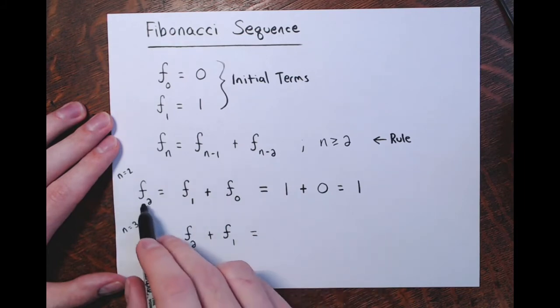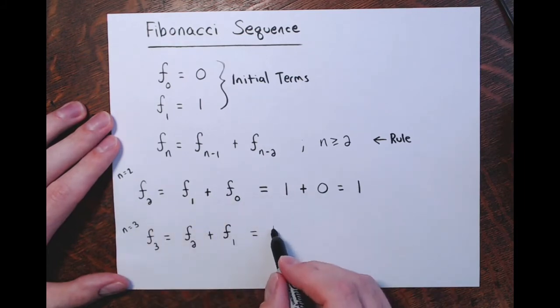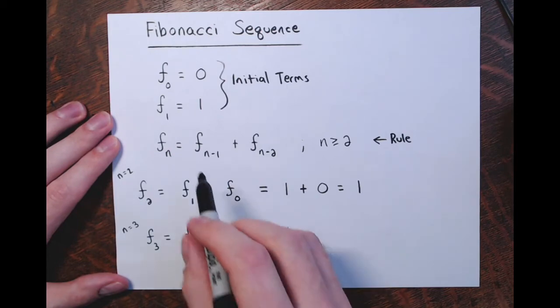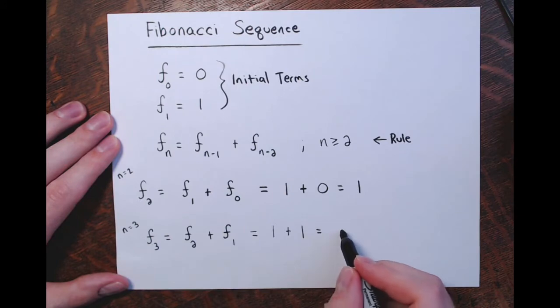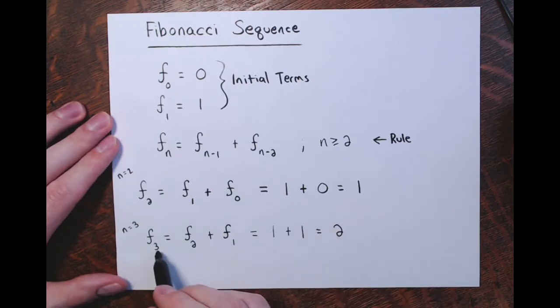F sub 2 we just found was 1, plus f sub 1 was given, was also 1, that's 2. Alright, so the fourth term in the sequence with this index of 3, f3, is 2.